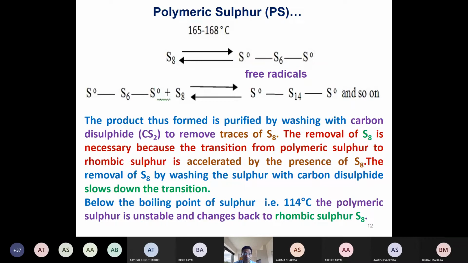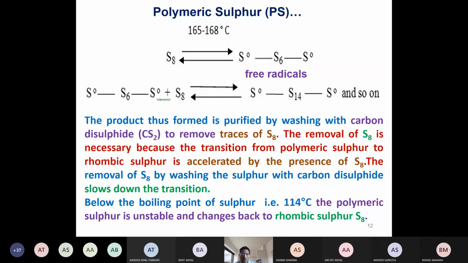When it is present in this sulfur, the polymeric sulfur changes to rhombic sulfur. So the polymeric sulfur formed should be washed with carbon disulfide to remove traces of S8, meaning rhombic sulfur. The removal of S8 is necessary because the transition from polymeric sulfur to rhombic sulfur is accelerated by the presence of S8.